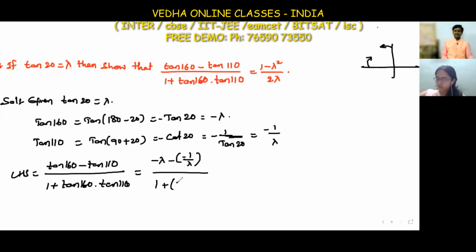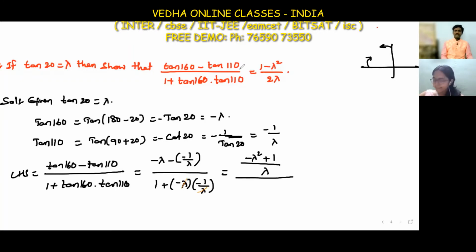Tan 160 is minus lambda, tan 110 is minus 1 by lambda. Take the LCM, which is lambda. Lambda into lambda is lambda square, so we get minus lambda square plus 1, whole divided by, in the denominator, we can cancel the lambda and the lambda. Minus into minus is plus, so 1 plus 1 is 2.